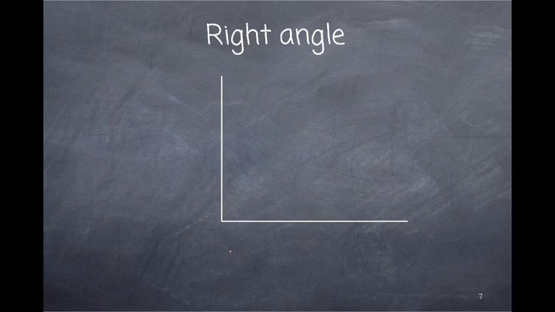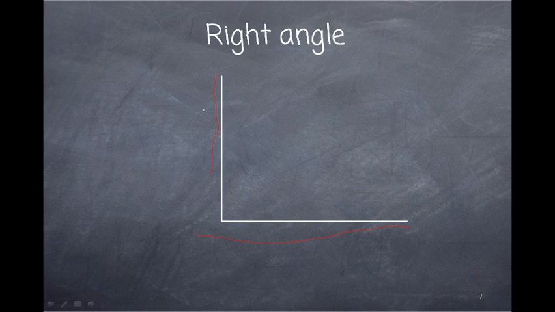Okay. And there are some angles that we need to learn. The first one is the right angle. A right angle is the angle when one line lies horizontally, and the other line lies vertically.